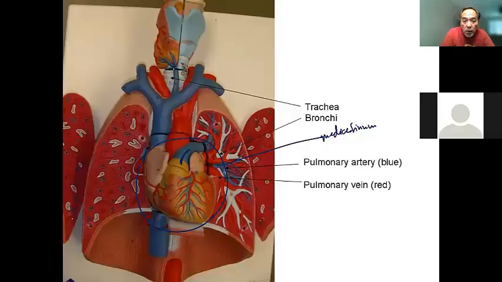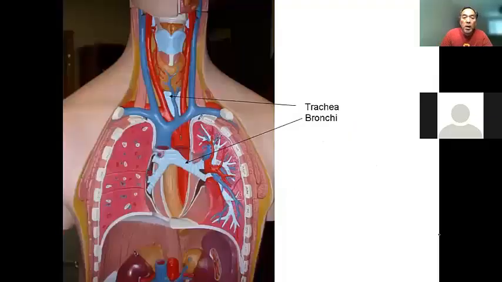And the red vessels are the pulmonary vein, oxygenated. Okay, now next is going to be the trachea and the bronchi. The windpipe divides into the bronchi.